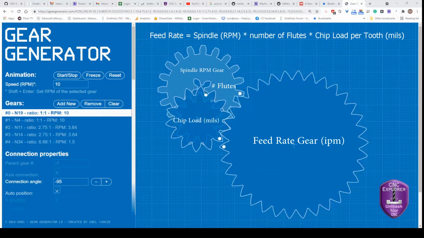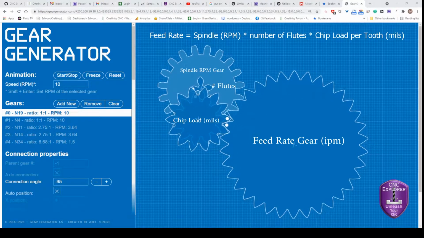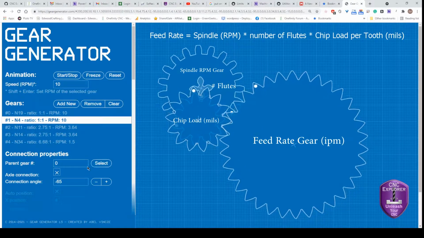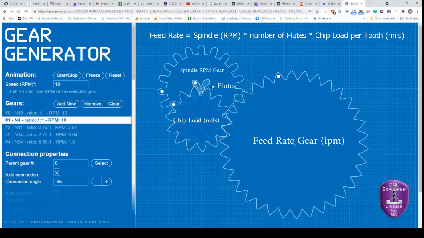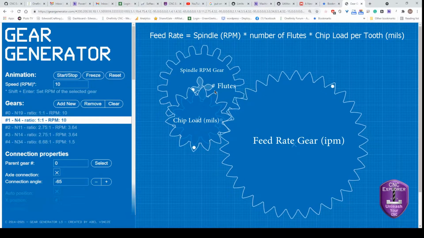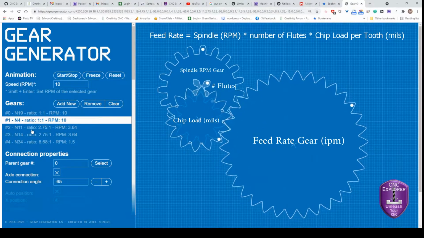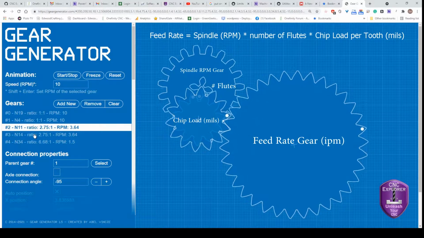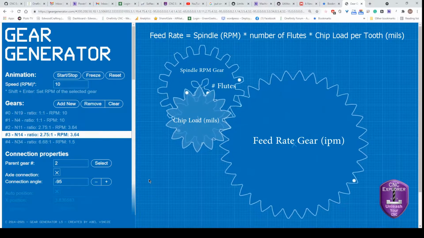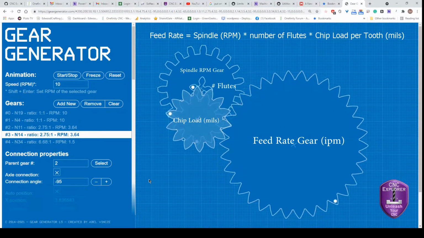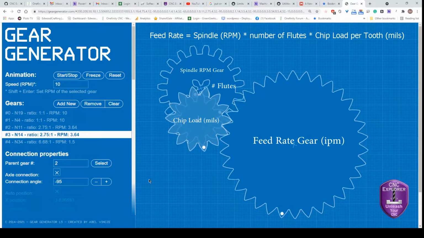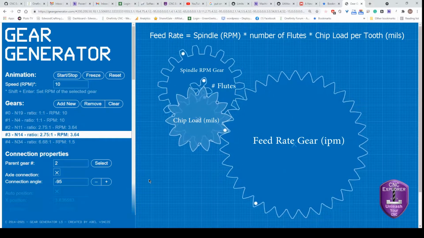And there's another gear representing the number of teeth. This only allows me to go to a minimum of 4 teeth, but that's okay because it represents the number of flutes on your bit. Then I have another gear representing the chip load. For every tooth and every rotation of the bit, you take out so many inches of chip load.